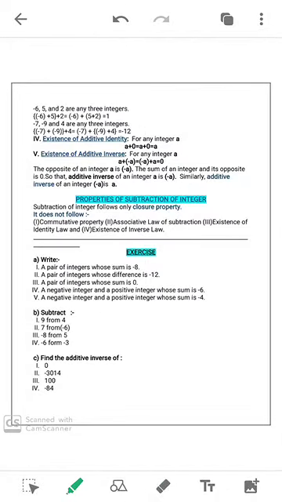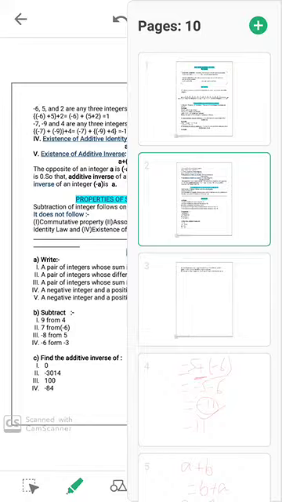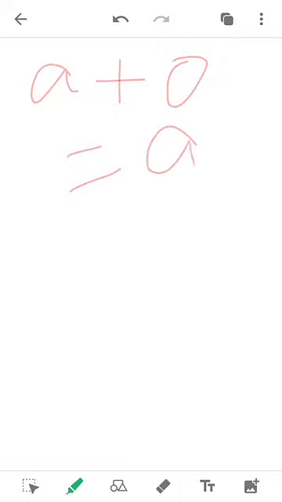Now fourth, existence of additive identity. For any integer a, let us suppose a is any integer. If 0 is added to a, we will get only a.